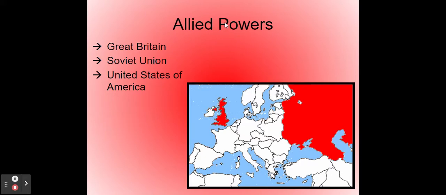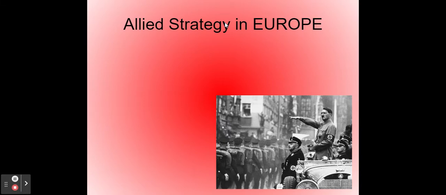Now, when it comes to Europe, the Allied strategy is defeat Hitler first. When we were talking about U.S. entry into the war, I said this is going to be a hot button issue because there were a bunch of Americans that wanted to go after Japan first. Japan attacked us at Pearl Harbor. They seemed to be the most pressing threat to us.